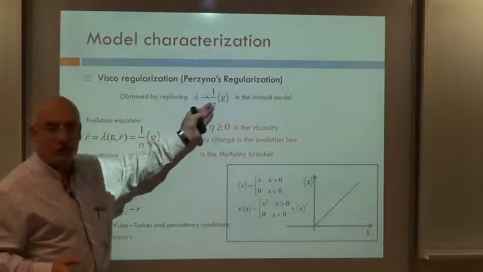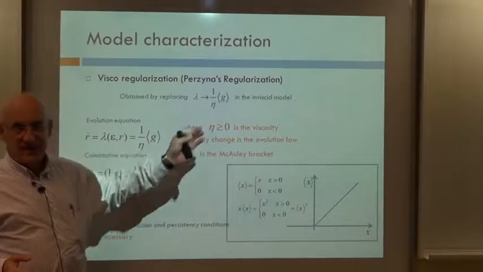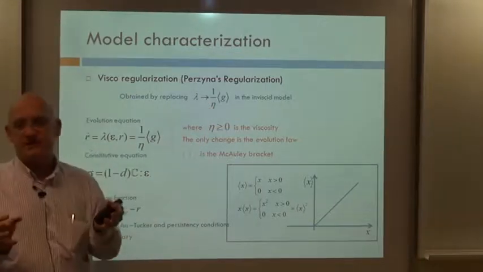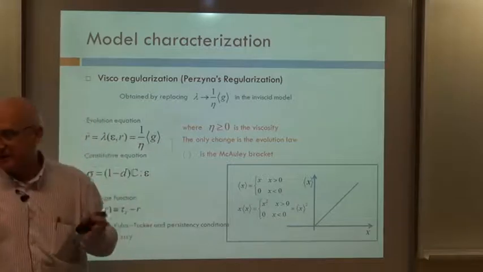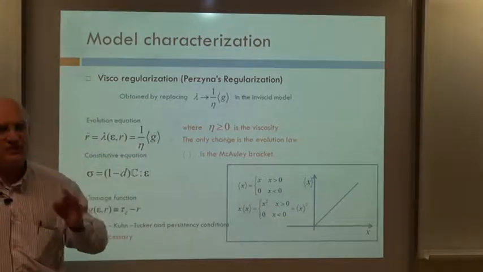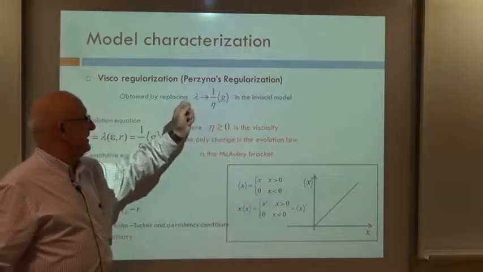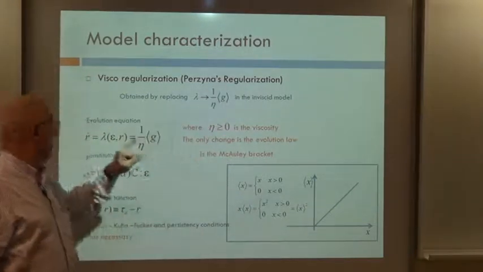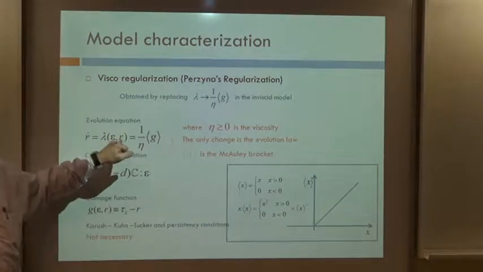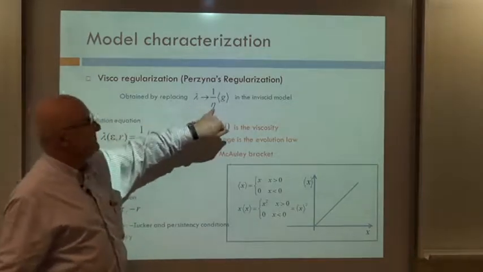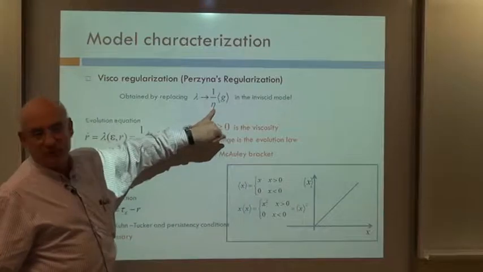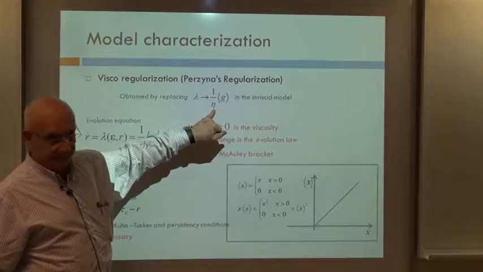This is not the only way of doing the regularization. There are little differences in using one or another type, but they are always the same. We define lambda as a certain function of the internal variables and the stresses. That function is inversely proportional to one parameter, which is the viscosity.